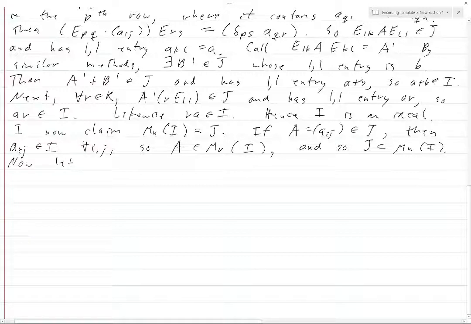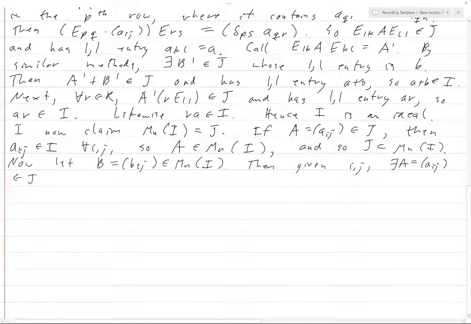Now let B, call it Bij, be in Mni. We want to prove it's in J. Then, given any indices I and J, there exists a matrix A, Aij, in J, and indices K and L such that Bij equals AKL.